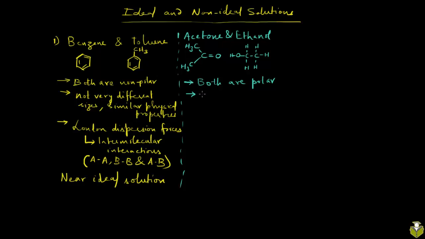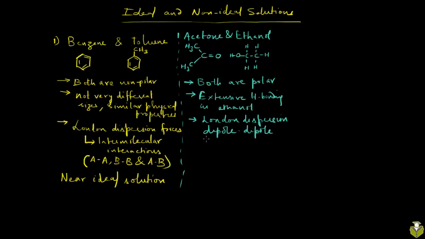So you have extensive hydrogen bonding in ethanol, and London dispersion and dipole-dipole interactions in acetone.